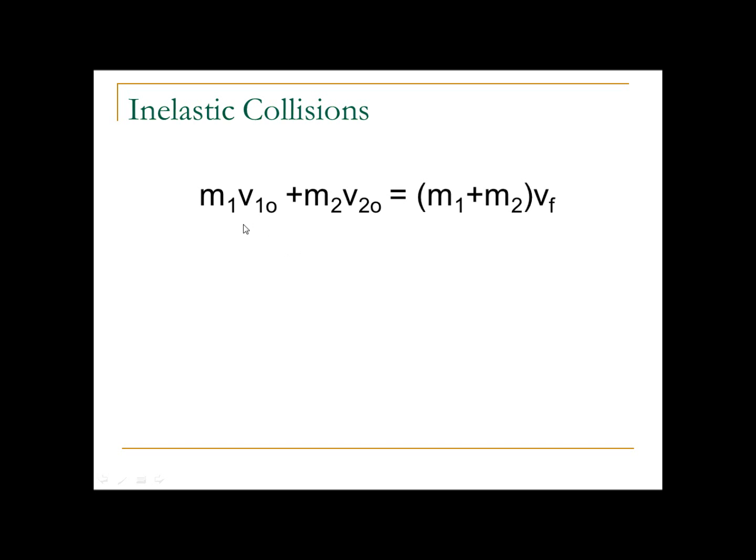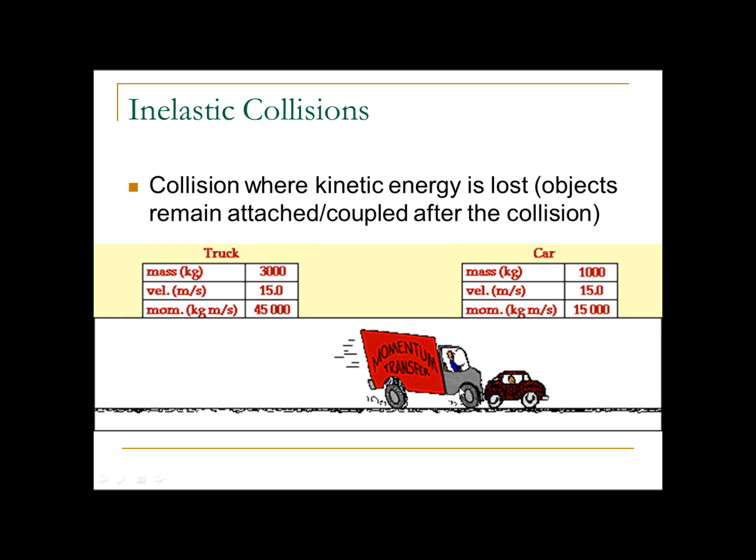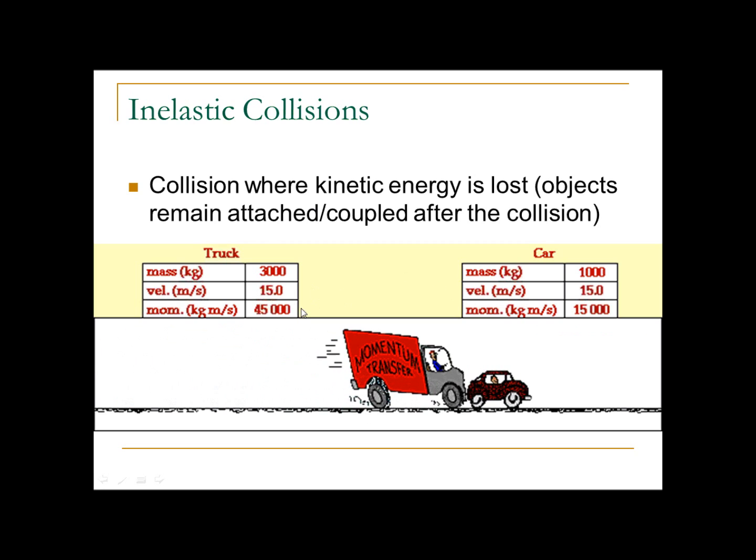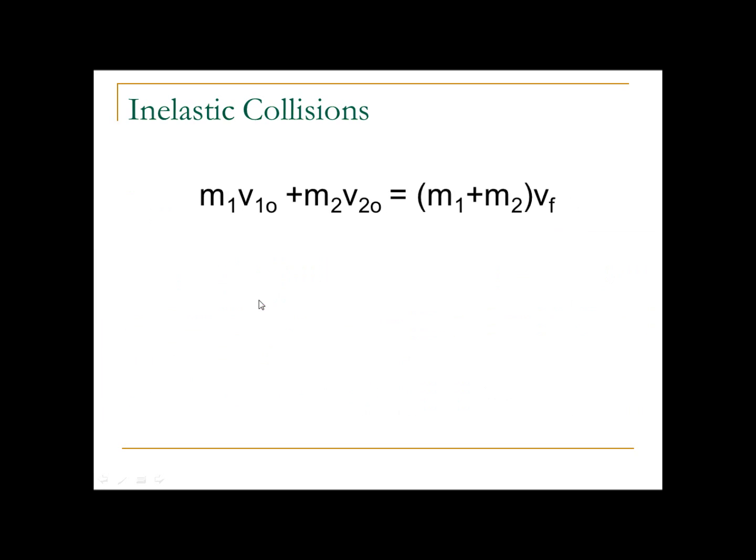So M1 V1 naught plus M2 V2 naught. That is equal to the two masses together, right? Because they couple together, they join together. So M1 plus M2, and that combined mass has a certain velocity in the end. Just like here. They join together, the masses together have a certain velocity. See, same velocity here, 15 and 15.